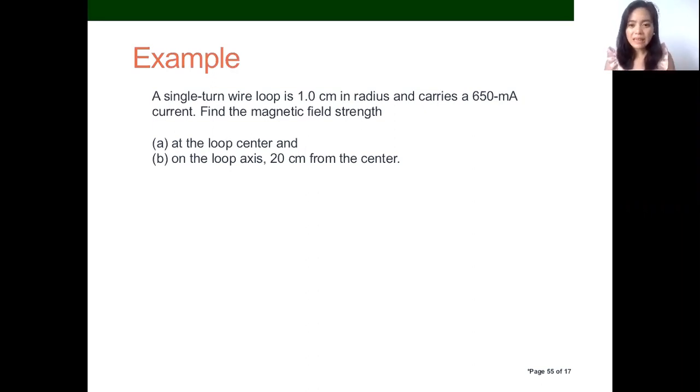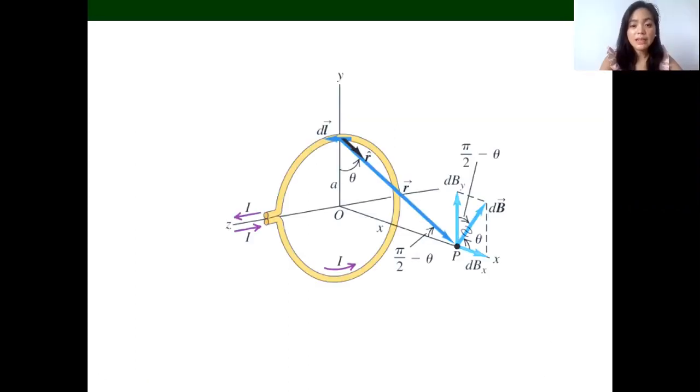So what is the diagram of a single turn wire loop? It would look like this. So this is the diagram of a single turn wire loop. In our example, this will be our radius, the letter A. This is our radius, and this is our center.